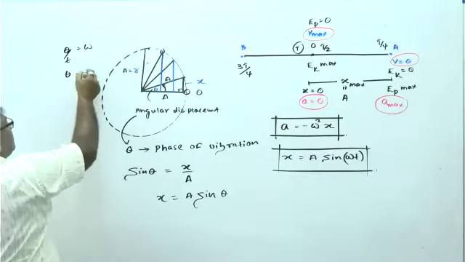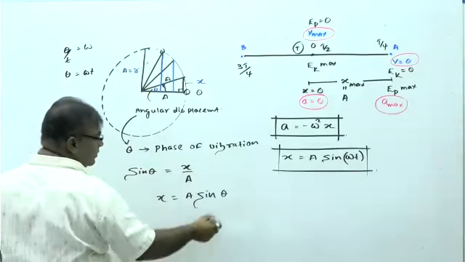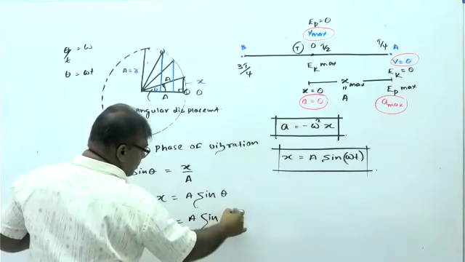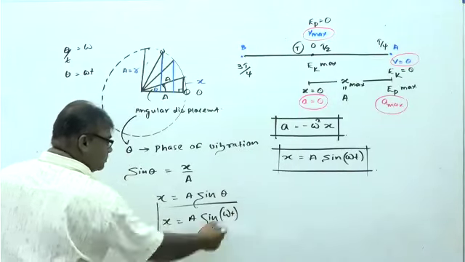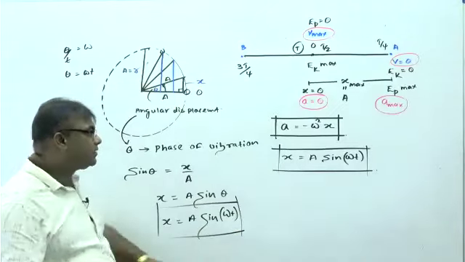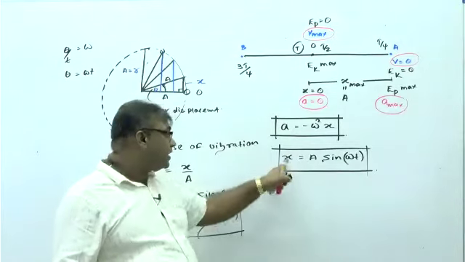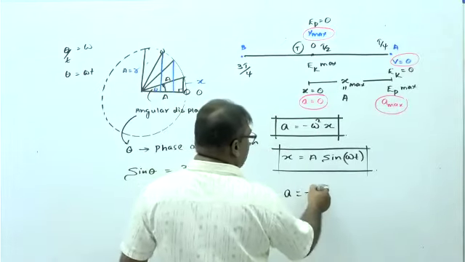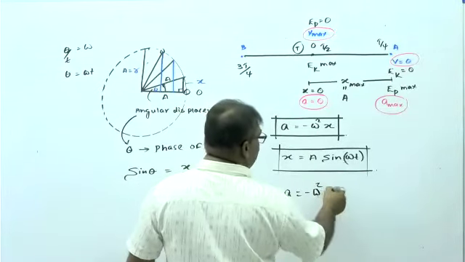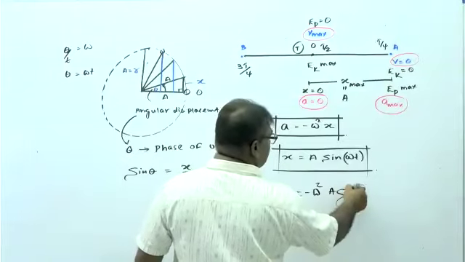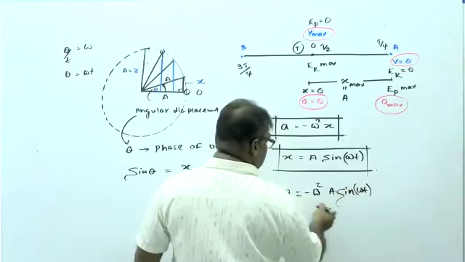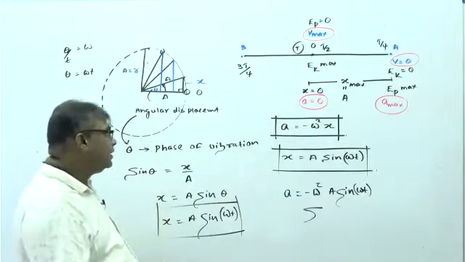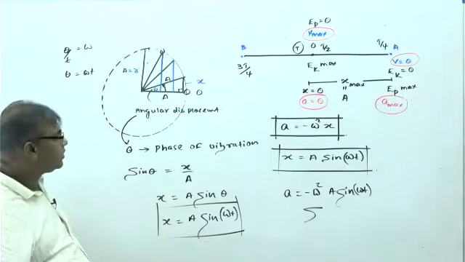So theta becomes omega t. Then we have x equals a sine omega t. This is the equation related to this one, right? And we can apply this one with this one. Then we have a equals minus omega squared x, where x is a sine omega t. Done. This is the next level application. Right. This is the basic function of simple harmonic motion.